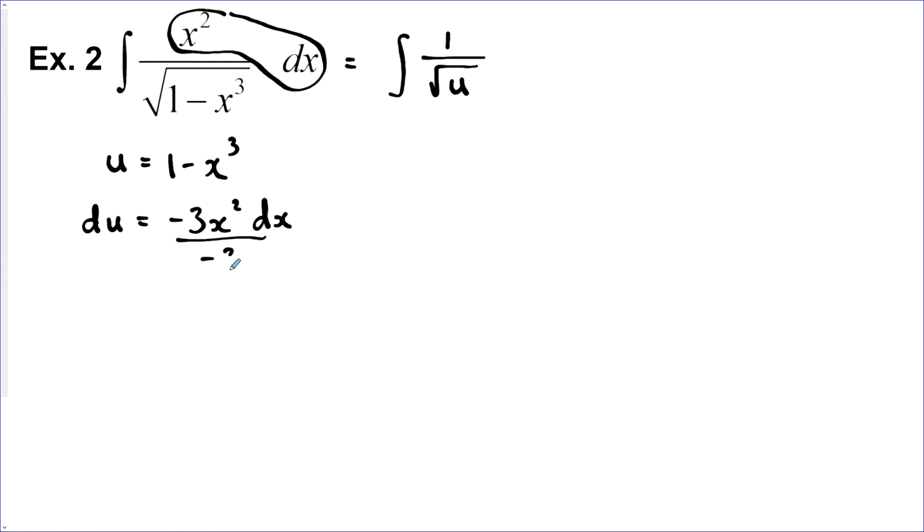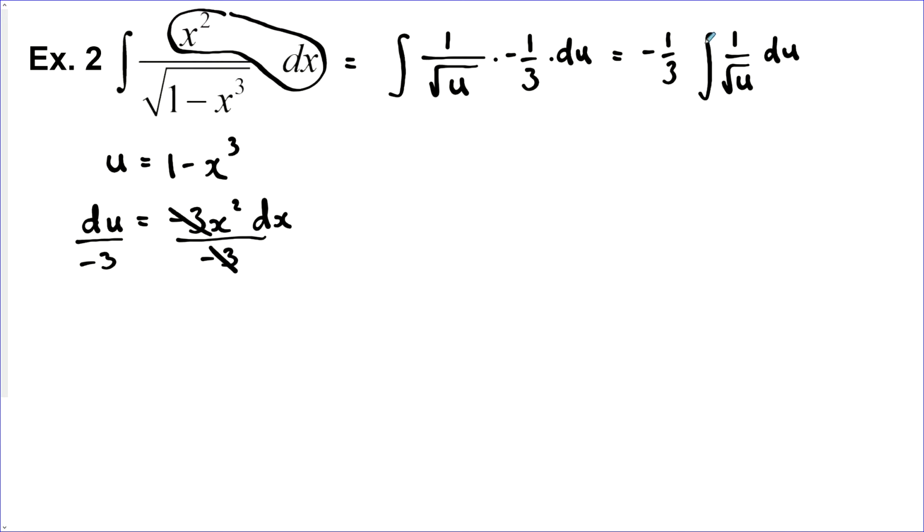So we'll divide both sides here by negative 3, and now we see that x squared dx is equal to du over negative 3, or negative 1/3 du. Now, this is just a constant, and whenever you have a constant, unless it's going to do something important in here, it's probably best to put it in the front and just let it stay there. So we'll say negative 1/3, and the integral of 1 over root u du.